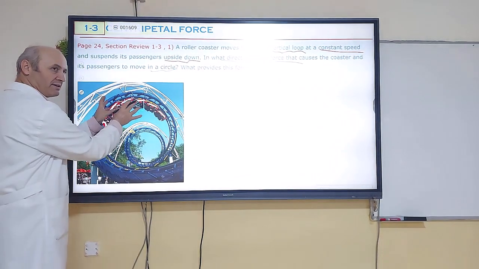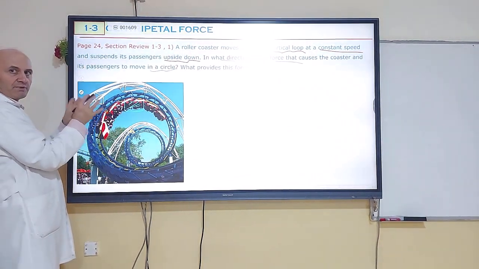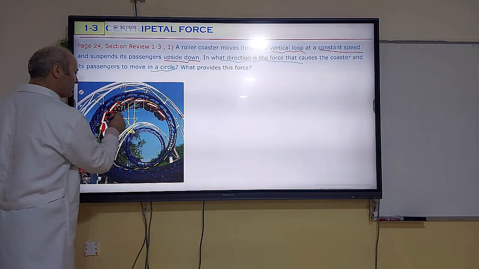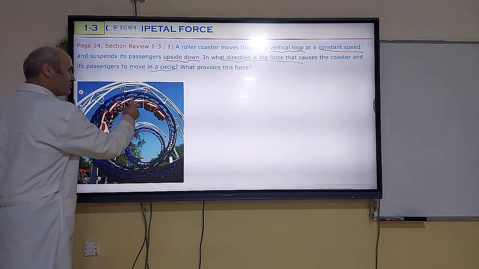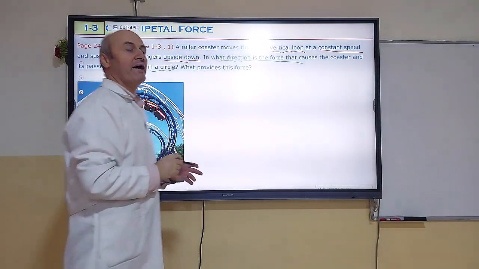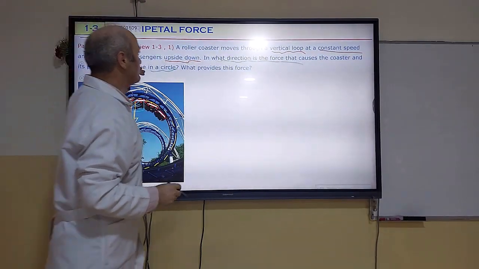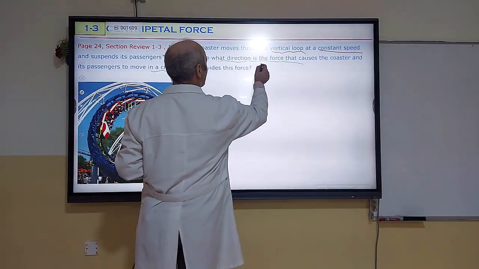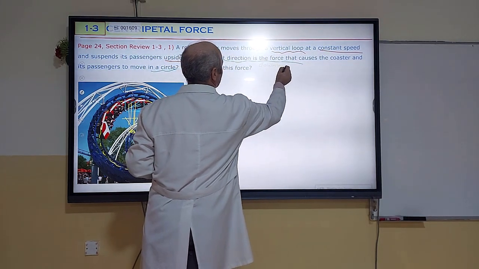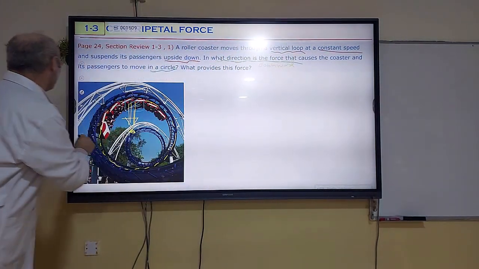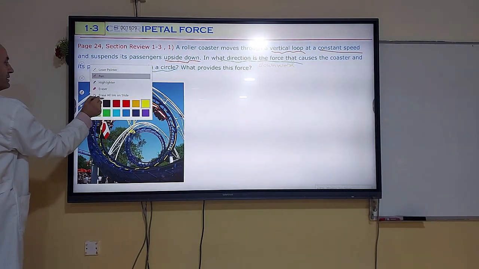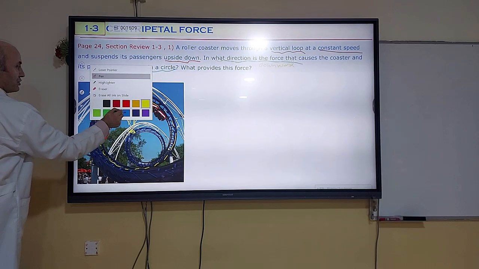That's why the force acting on the roller coaster car and passenger at that position must be towards the center, which means it must be in the downward direction. So the answer is downward.